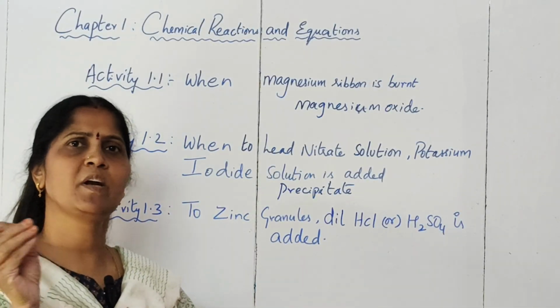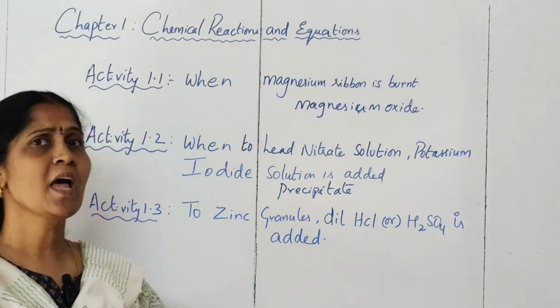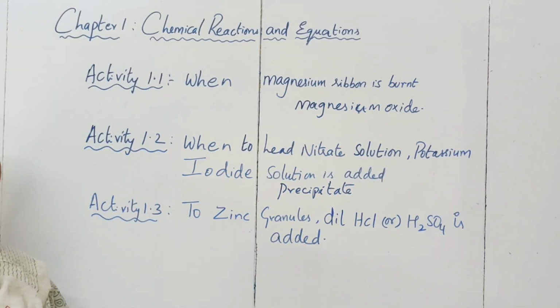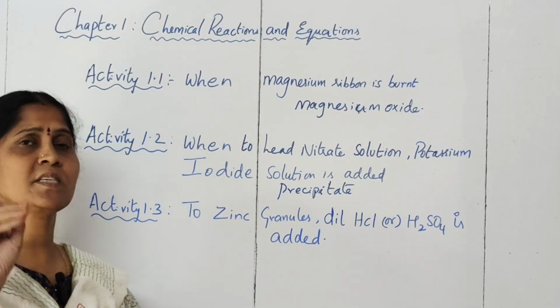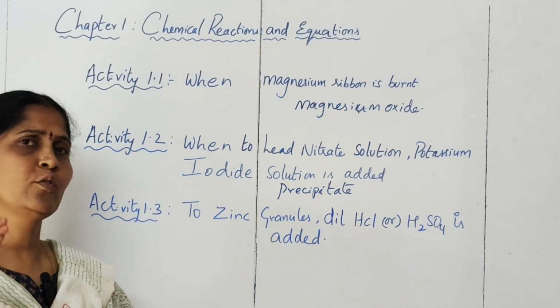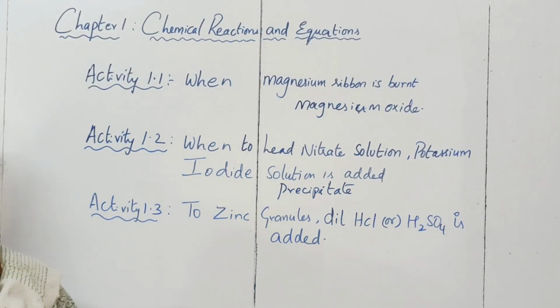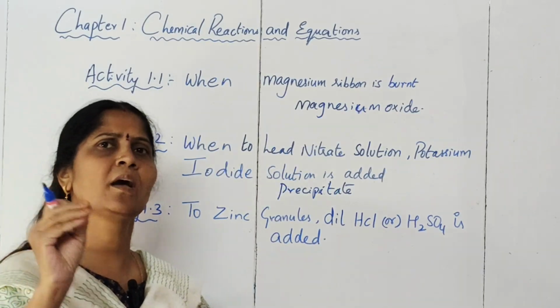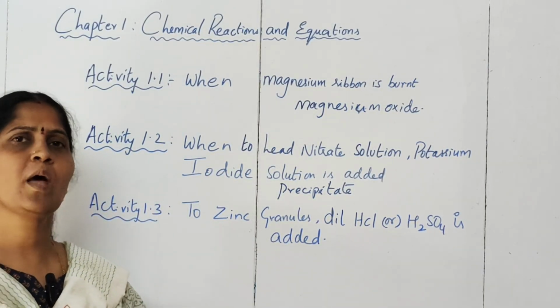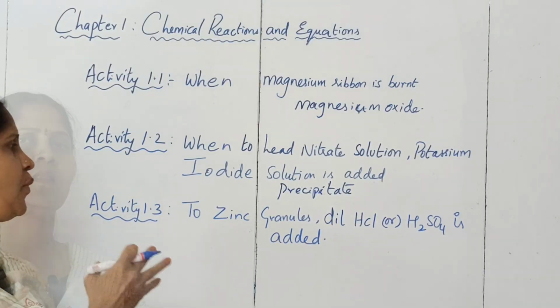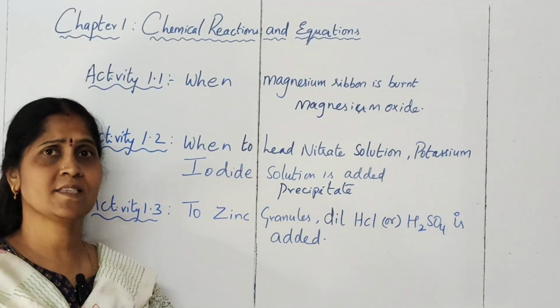To check whether it is hydrogen gas or not, you can introduce a matchstick near the point where the gas is evolving out, and a pop sound is produced. This is how we can check that gas is getting evolved.